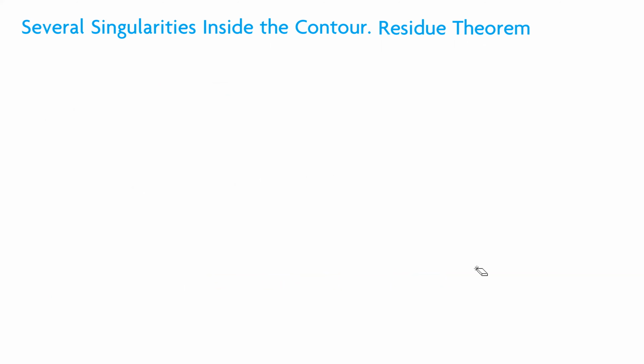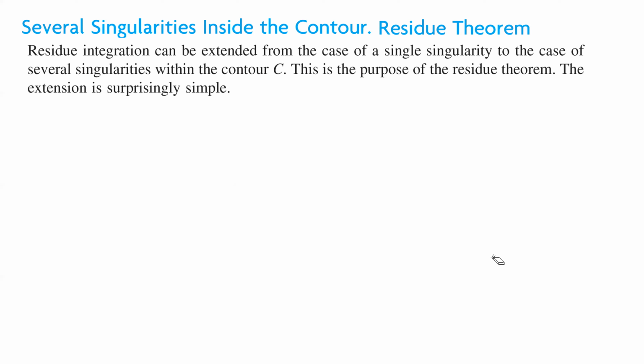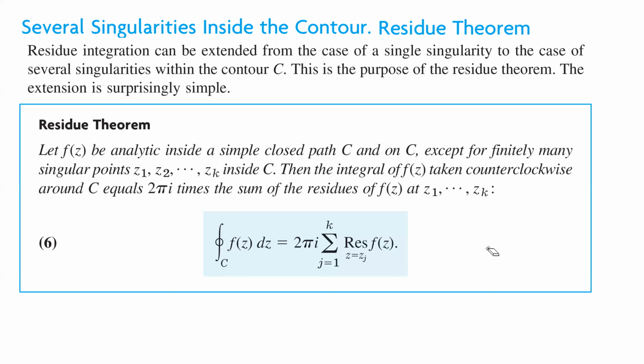What happens if we have several singularities inside the contour? So far, we talked about one singularity inside the contour. This is the more general residue theorem that goes like this. Residue integration can be extended from the case of a single singularity to the case of several singularities within the contour C. This is the purpose of this residue theorem. The extension is surprisingly simple.